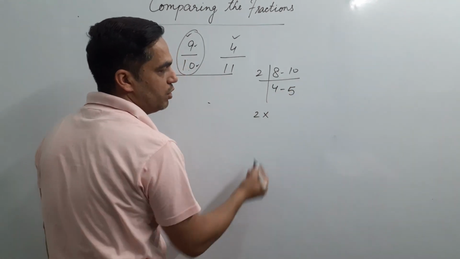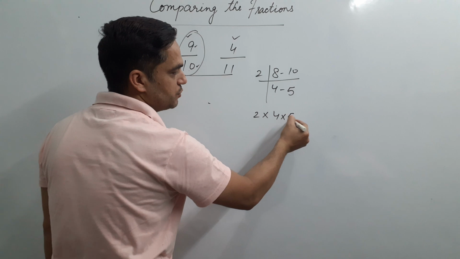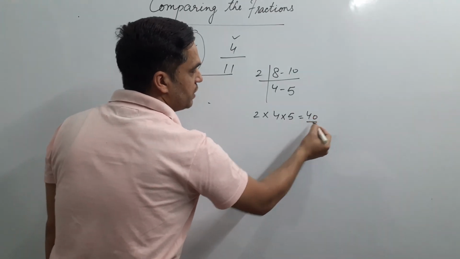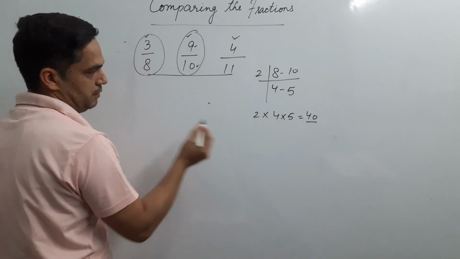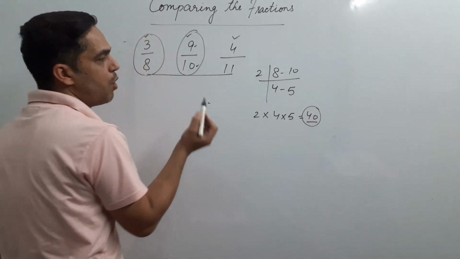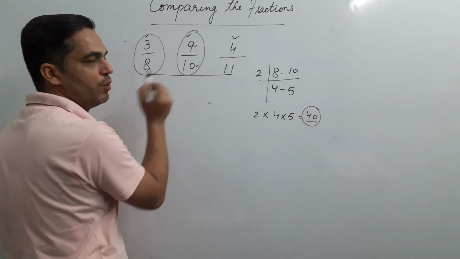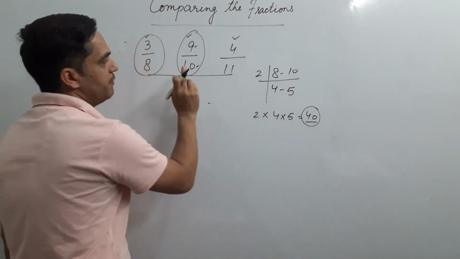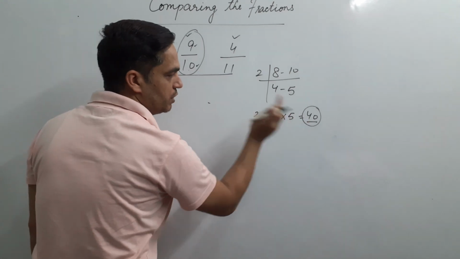Now 4 and 5 are not divisible by any other number, so we can directly multiply them. 2 4s are 8, 8 5s are 40. 40 is the common number for these two denominators. We can convert this 8 into 40 and we can convert this 10 into 40.